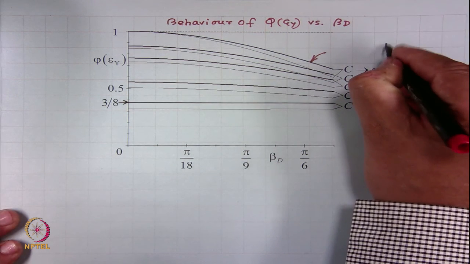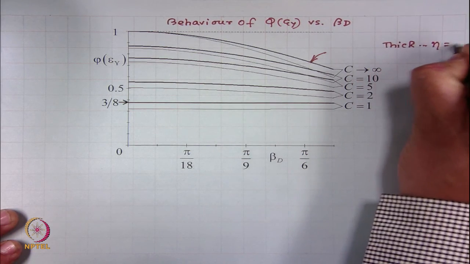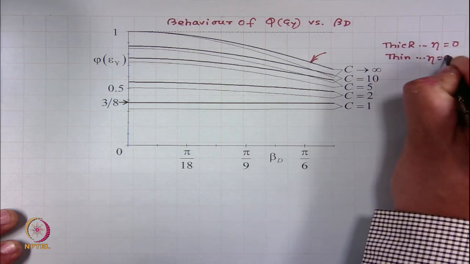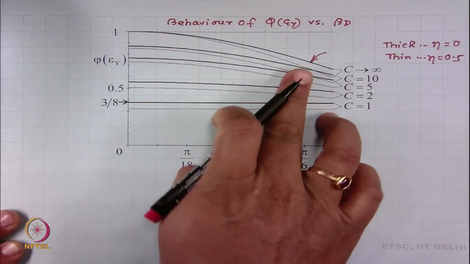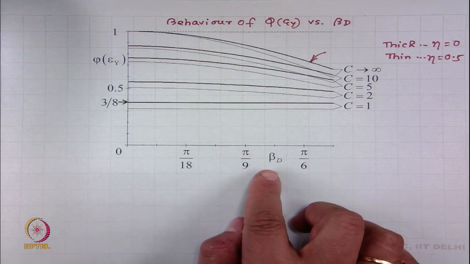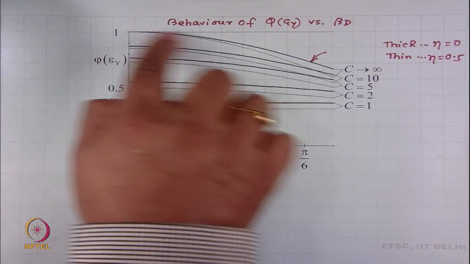The thick one eta is equal to 0, thin one eta is equal to 0.5. So, this corresponds to Gegoff's theory. So, as the value of beta d increasing, the utilization is decreasing.